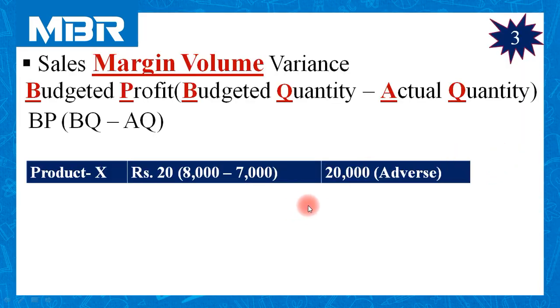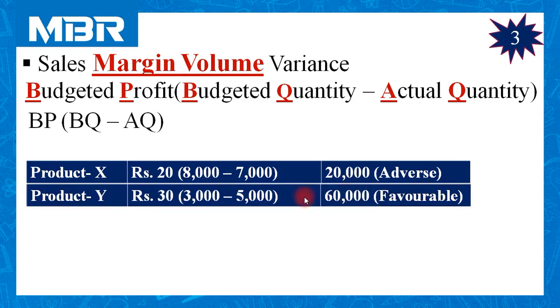So there is a decrease in the actual quantity. 1,000 units multiplied by rupees 20. So the variance is rupees 20,000 adverse. Product Y, budgeted profit rupees 30, budgeted quantity 3,000 units and actual quantity sold by the company is 5,000 units.